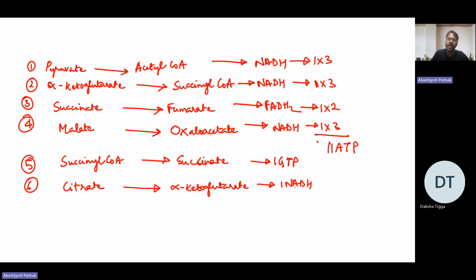So from one NADH, you will get 3 ATP. So total 11, 12, 13, 14. Total you will have 15 ATP molecules. And this cycle will take place twice, so this 15 has to be multiplied by 2 and you will get 30 molecules of ATP.